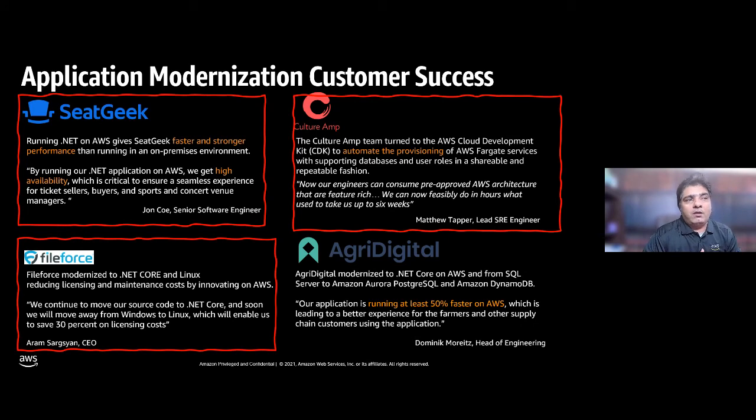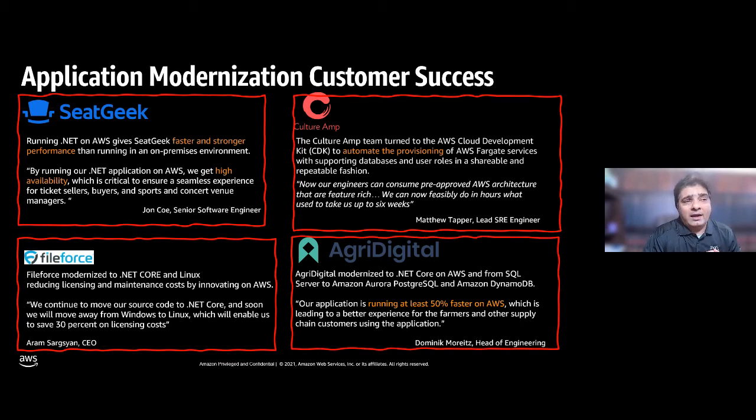Another customer, FileForce, reduced their licensing cost by as high as 30% by modernizing with .NET Core and Linux, and getting rid of Windows. And they started delivering new software features within weeks instead of on a quarterly basis by fully automating most of their code deployments.